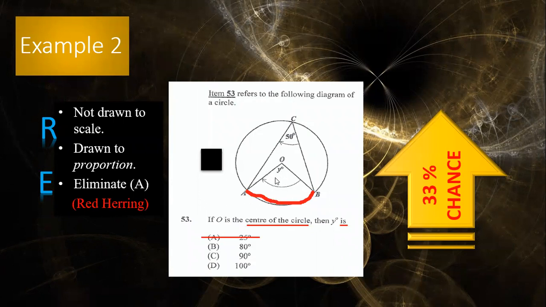The rule is the angle at the center is twice the angle at the circumference, with two angles standing on the same arc. You understand that? Two angles here are standing on this arc in the same segment of the circle. So the angle at the center is always twice that at the circumference.